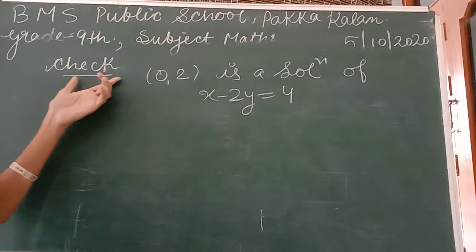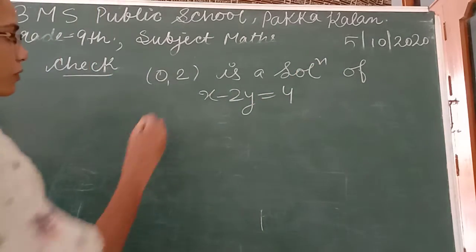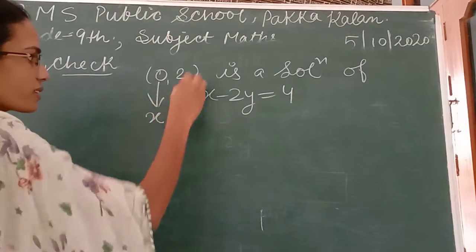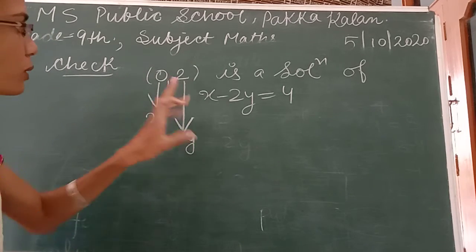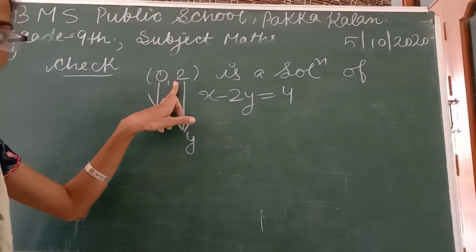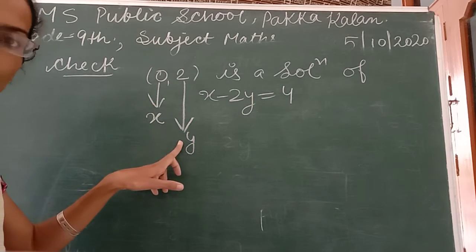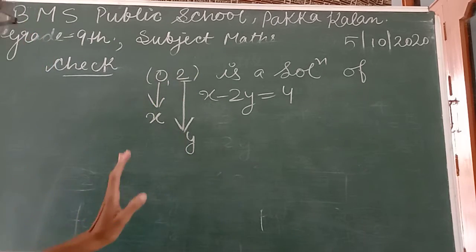Now we will check whether (0, 2) is a solution of this equation or not. This is the value of x and this is the value of y. We put the value of x here, and if the y value comes out as 2, then this is a solution. But if this value does not come, then it is not a solution.